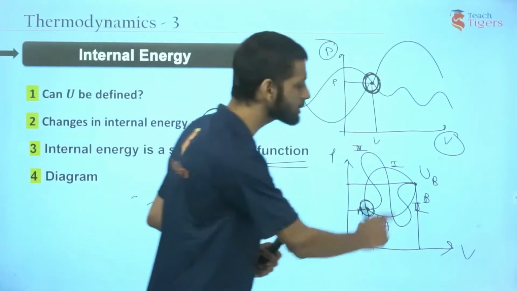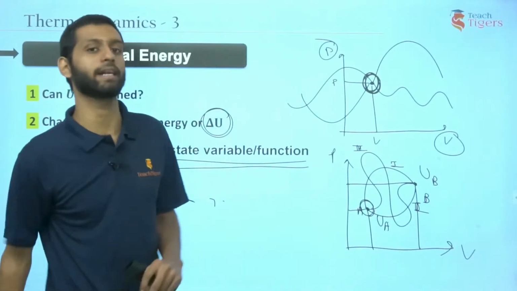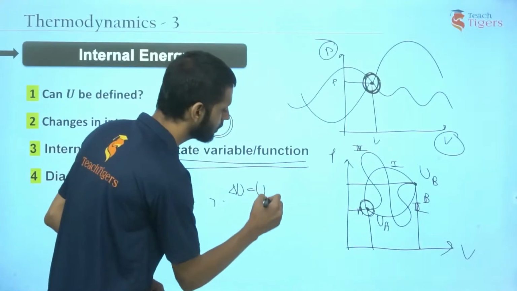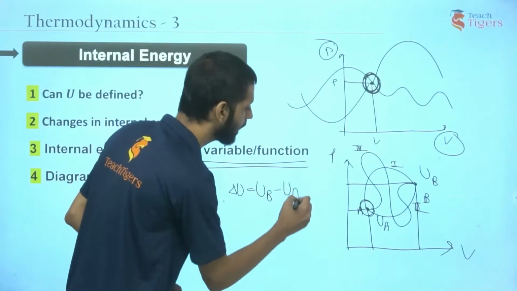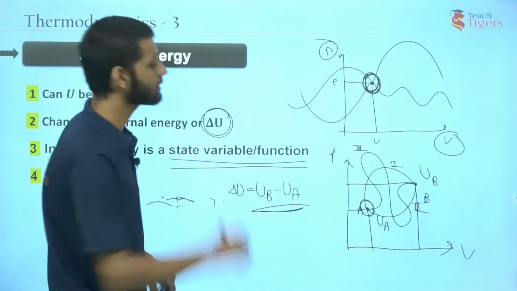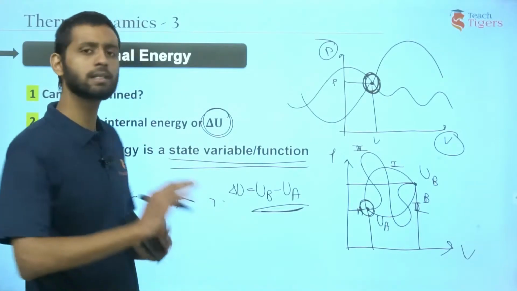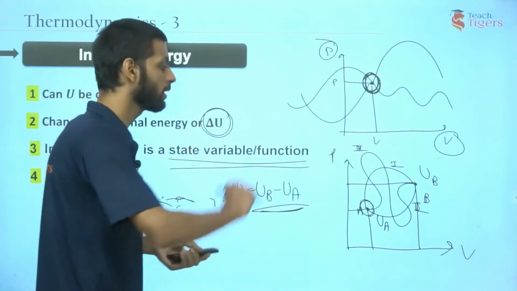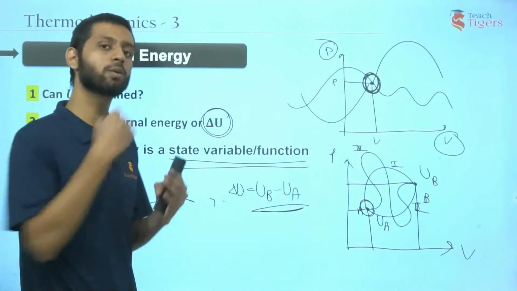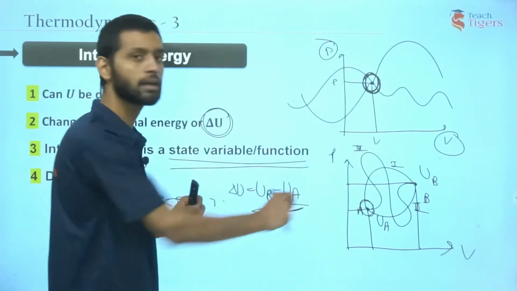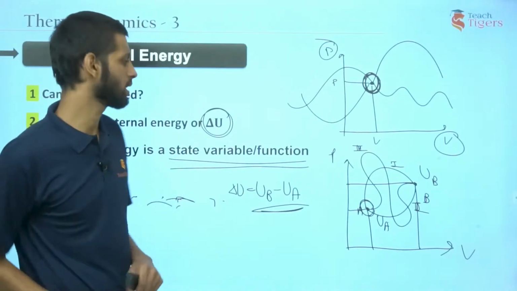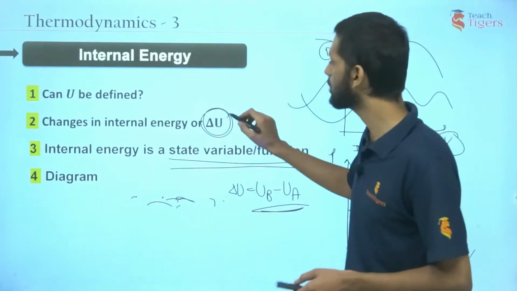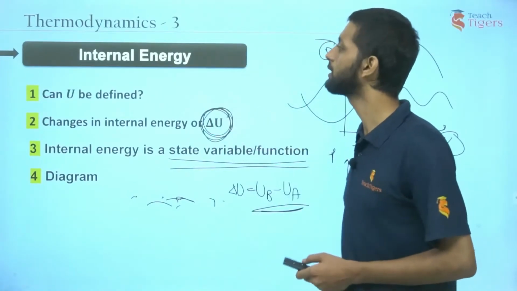Why? Because the initial and final states are already defined. Delta U is written as UB minus UA. If final and initial states are defined, then it doesn't matter which path you take from A to B. As long as you reach B, your internal energy change stays constant. So delta U does not depend on the path.